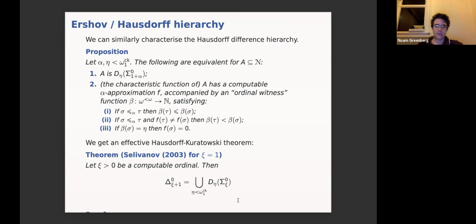I have to be careful here because unlike sigma 0, lightface sigma 0 xi, the d eta classes are not extension, I'm not sure what the word is, they depend on the presentation of eta.